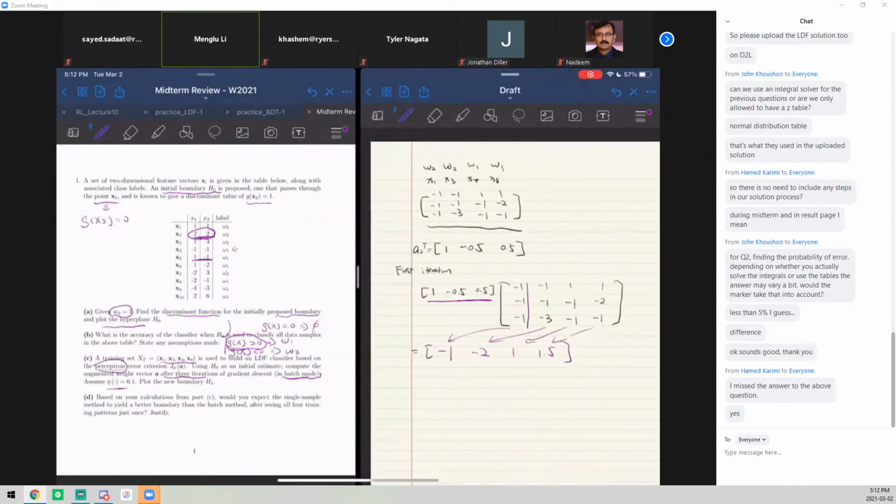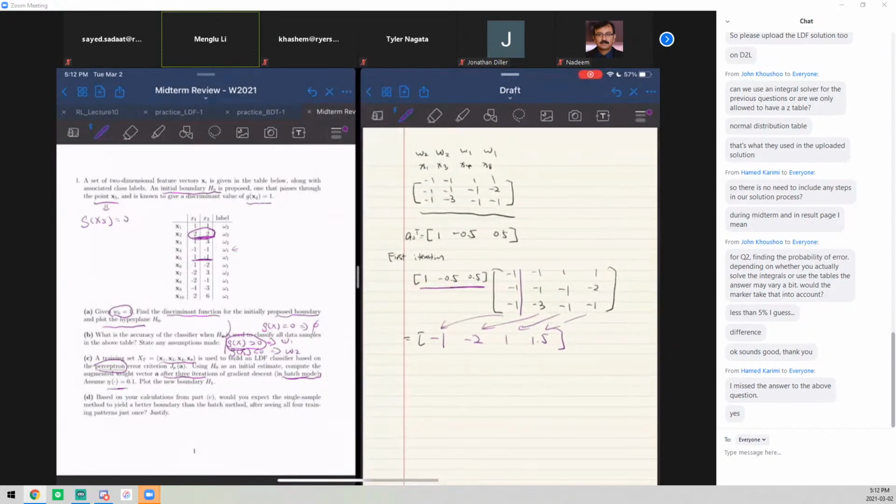From these 4 values, I can see the first point and the second point are misclassified. So I need to use these 2 points to do the update.